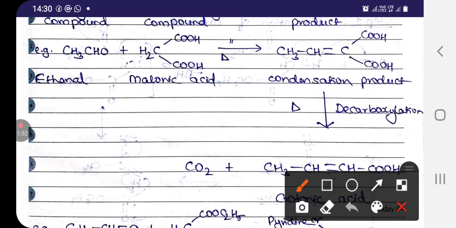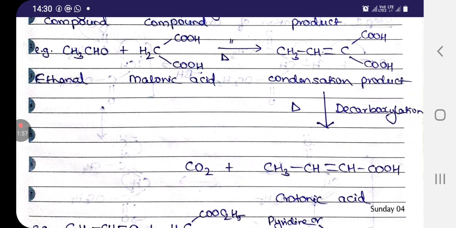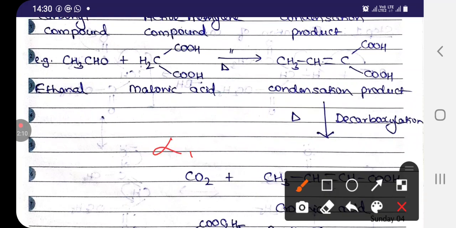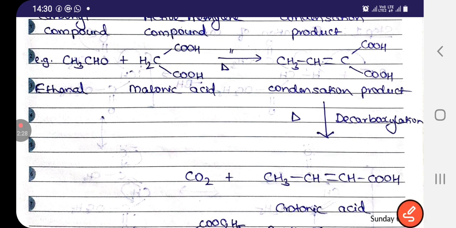The decarboxylation reaction involves the removal of carbon dioxide, and as soon as carbon dioxide is removed, we get CH3CH double bond CH, C double O H. This is alpha beta unsaturated carboxylic acid, alpha beta unsaturated carboxylic acid.